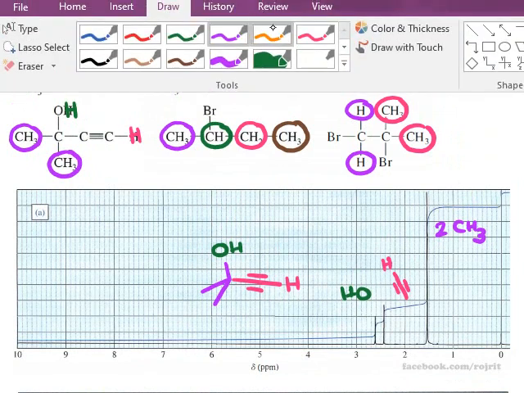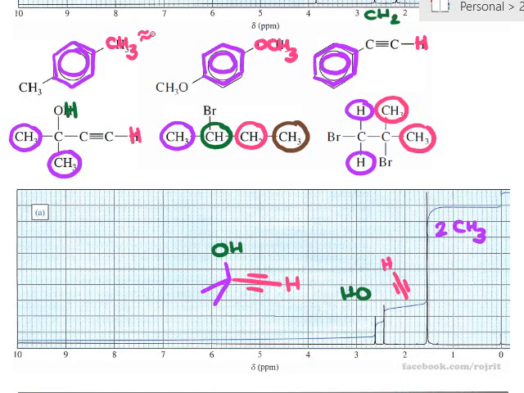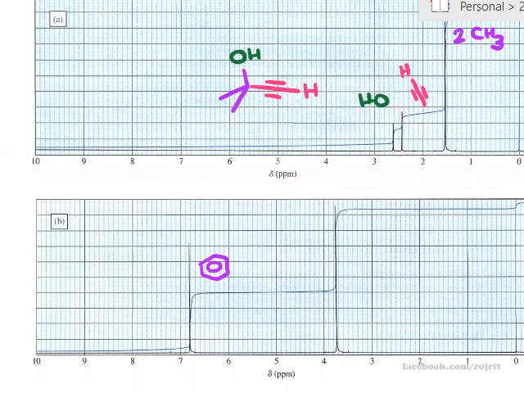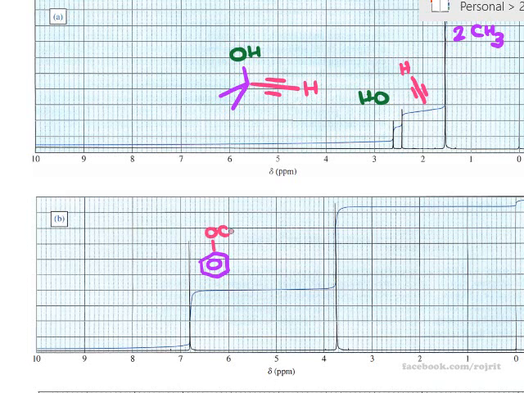And for the alkyne, it's normally about 2.5 ppm. And for the benzene ring connecting with an oxygen atom, very high electronegativity, it should be about 3 to 5 ppm. So this should be the second molecule, OCH3. Okay, para position is like this.